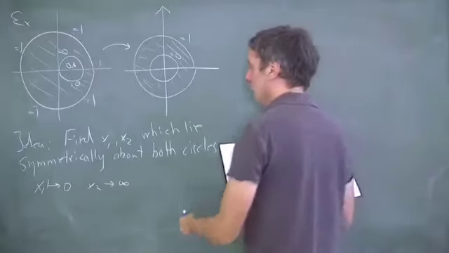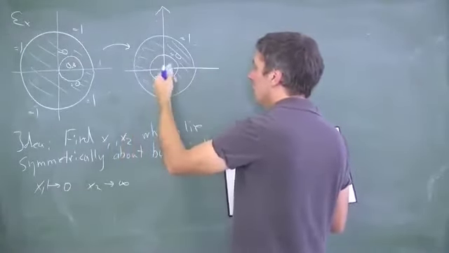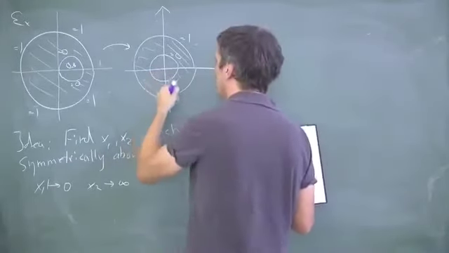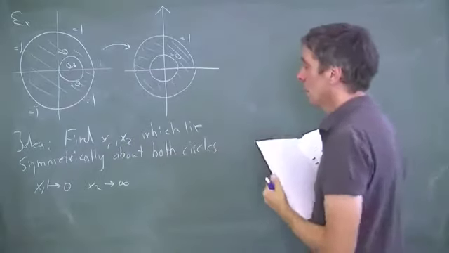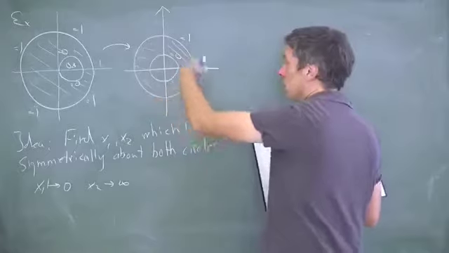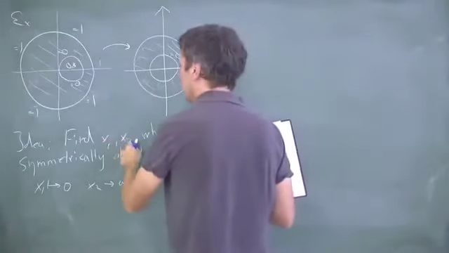So then, in the image picture, we know that the center of both circles must be the point which is symmetric with respect to infinity, that is the origin. So we'll get a picture of this kind. Well, so how do we find x1 and x2?